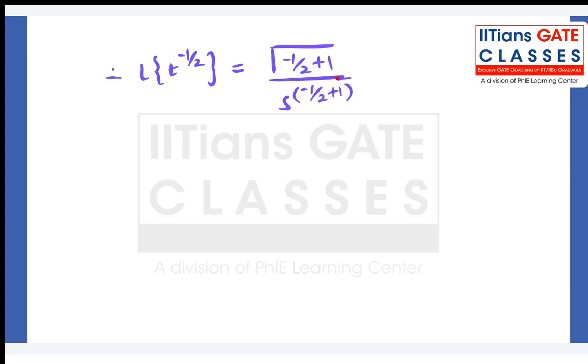So that is nothing but the gamma function of half divided by s power half. And it is a standard result that the gamma function of half is square root of pi.